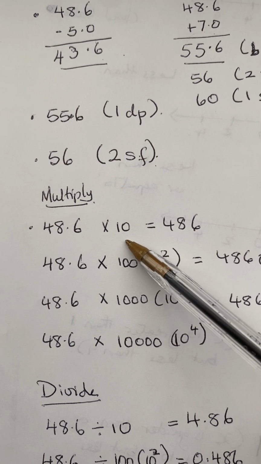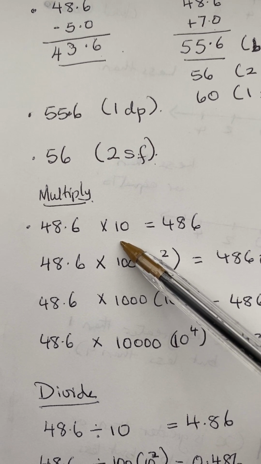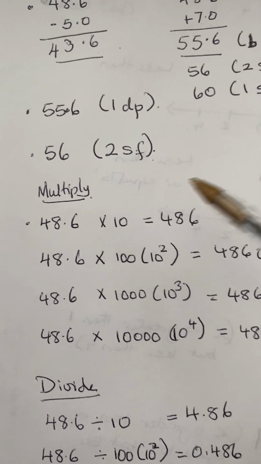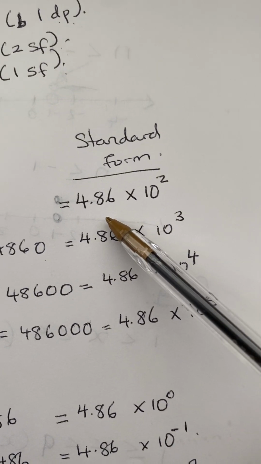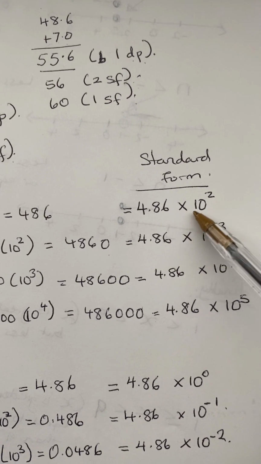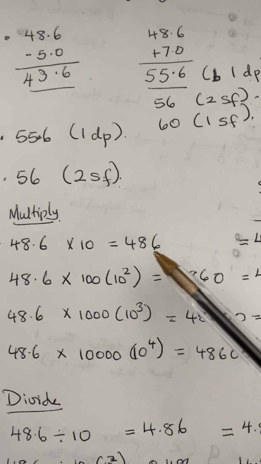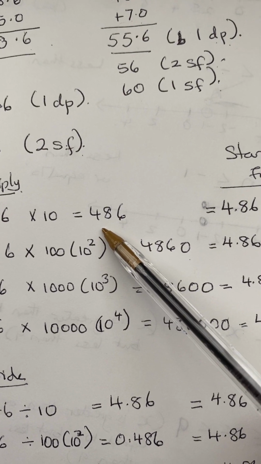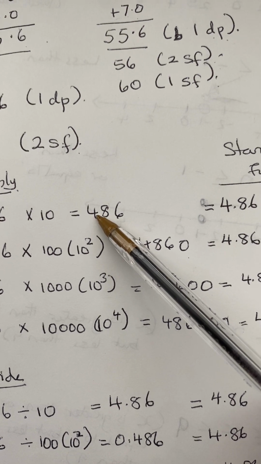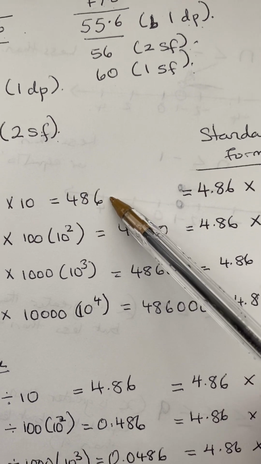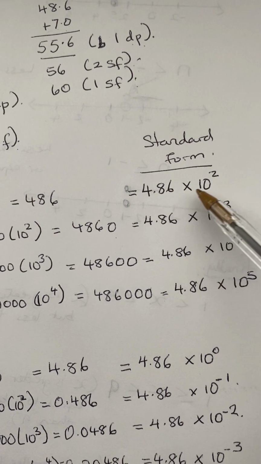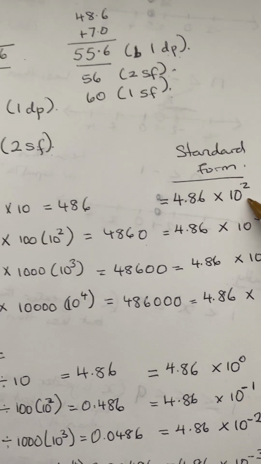We said 10 is the same as 10 to the power 1. In its standard form, it will be 4.86 times 10 to the power 2, because we put the decimal place here and we move it 1, 2. So 4.86 times 10 to the power 2.